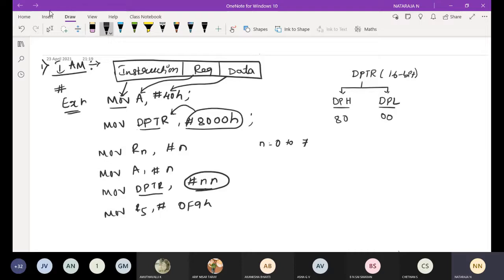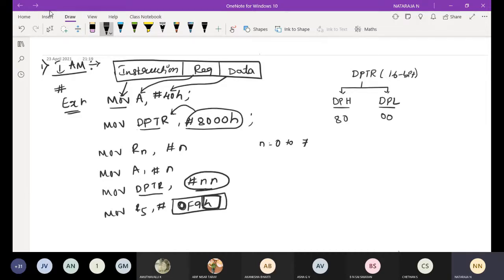Sir, it's a valid instruction. Here I am going to use 0F9H. H indicates it's hexadecimal data. We need to use 0.